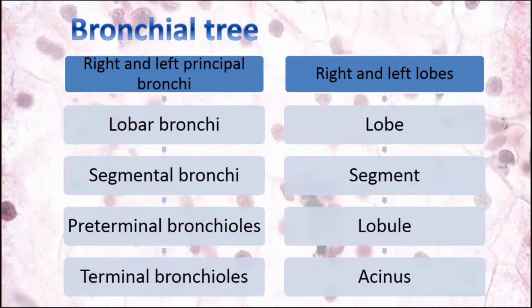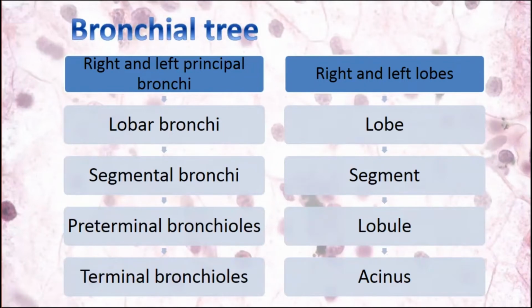So right and left principal bronchi carry air to the right and left lungs. They provide ventilation for the entire lungs. Lobar bronchi supply air to the lobes, three lobes in the right lung and two lobes in the left lung.